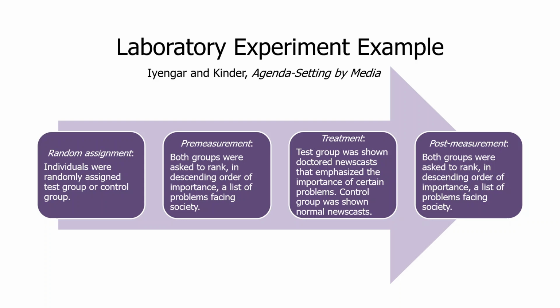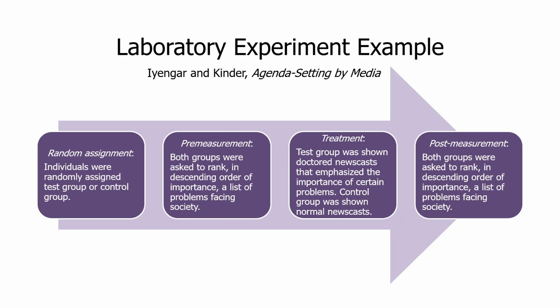Now, the treatment phase. The test group was shown doctored newscasts that emphasized the importance of certain problems. The control group was shown normal newscasts. Then, both groups were post-measured in terms of what priorities they thought were important for society to deal with. Both groups were asked to rank, yet again, in descending order of importance a list of problems facing society.